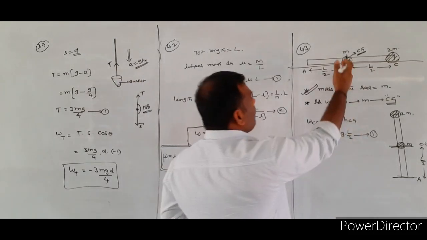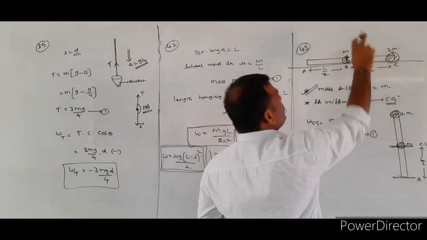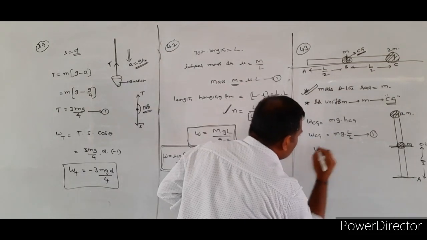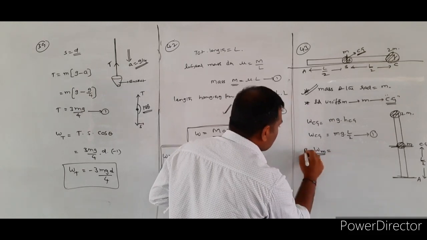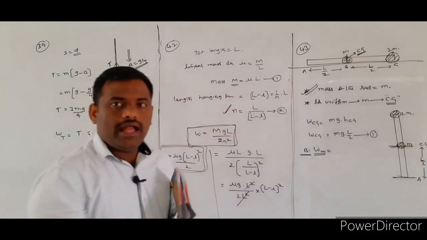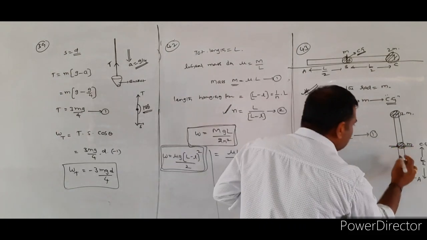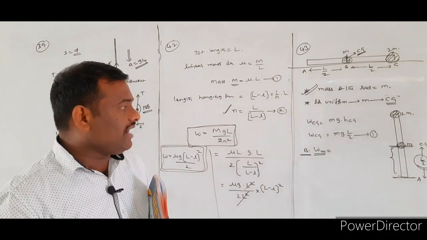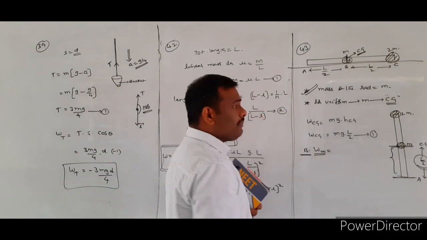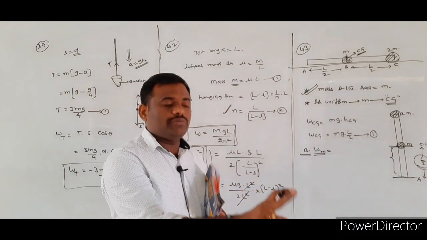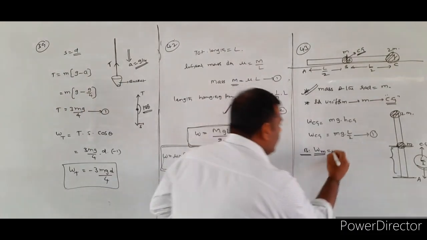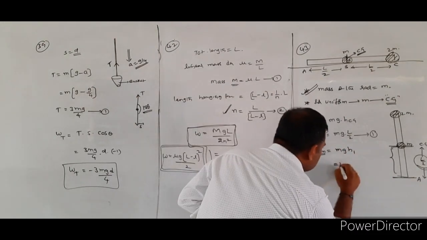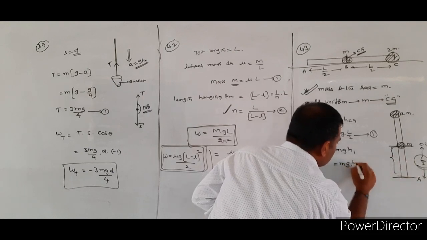Next, the masses m and 2m also rise through different heights. The work done for the mass small m, which is placed at the point B: here the mass m also rises by the same height of L by 2. Therefore, the work done for the mass to lift from the horizontal position to the vertical position is mgh1, so mass m into g into the height raised, L by 2.